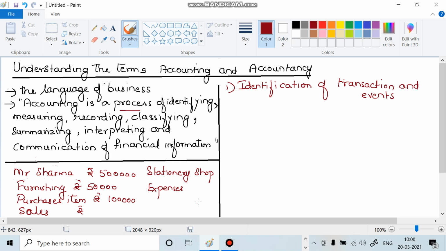Like he might have to travel to purchase the items. He might have to employ certain salesmen to stand in the shop and sell the items in his absence, or to assist him when there are more customers. So like that, several expenses would be incurred by him.